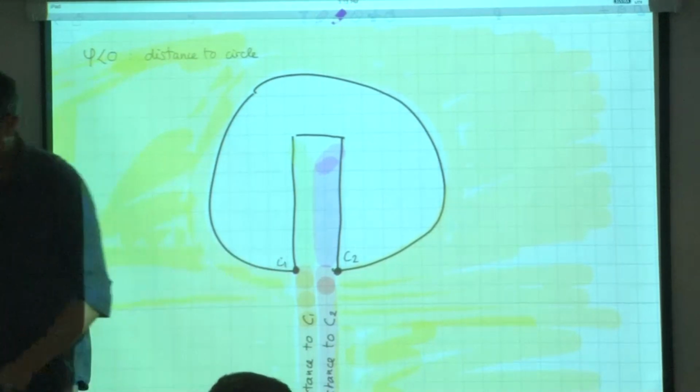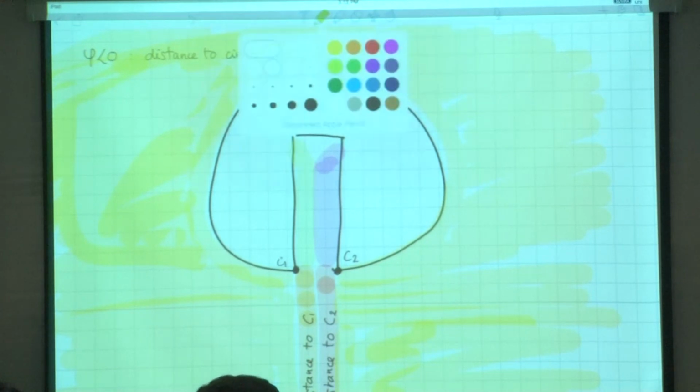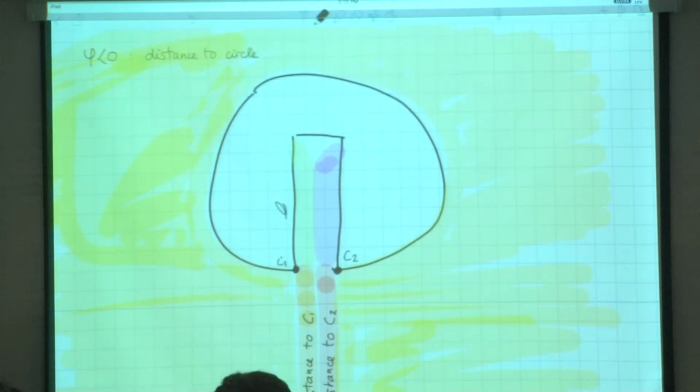So sorry, let me give a name to this line. If this is line 1 and this is line 2, here I need to provide the distance to line 1 and here the distance to line 2. Okay, so a few more if statements.